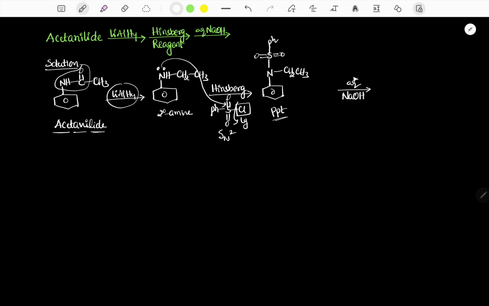Now the precipitate is treated with aqueous NaOH. Here there is no acidic proton, therefore this precipitate, the secondary sulfonamide, is insoluble in aqueous NaOH.